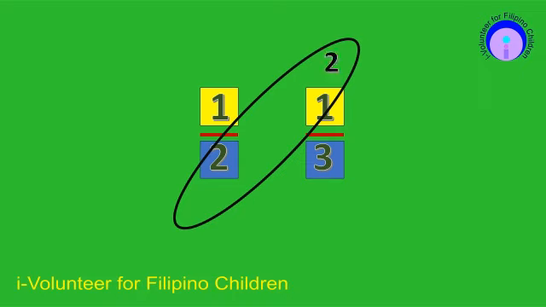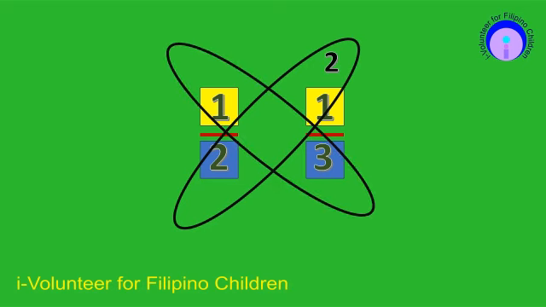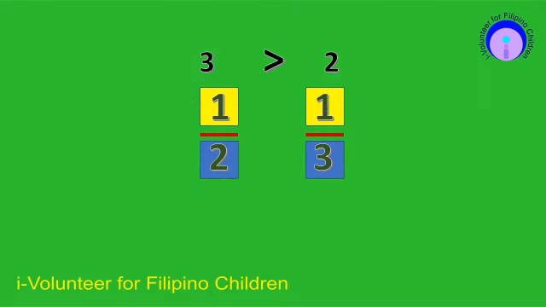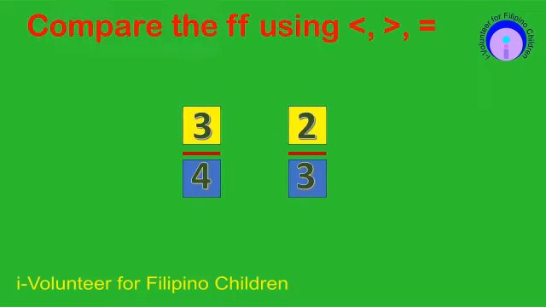Likewise, the denominator is multiplied with the numerator of the other. 3 times 1 is equal to 3. Now, let's compare the results. 3 is bigger than 2. 1/2 is greater than 1/3.